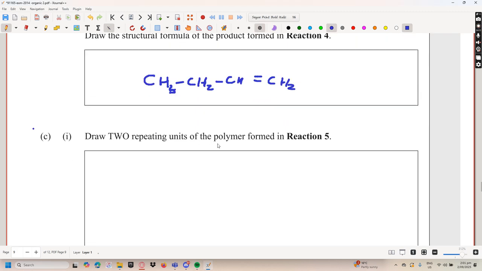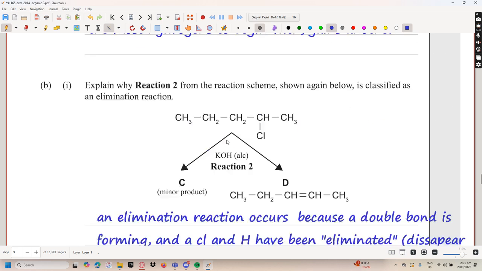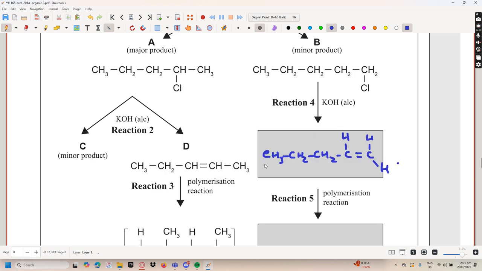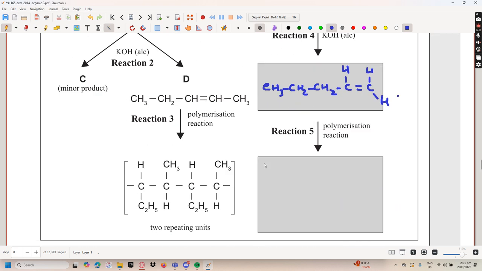Draw 2 repeating units of the polymer formed in reaction 5. Okay, so reaction 5 creates a polymer, which is interesting. This guy here, all the double bonds essentially break and they're linked together.